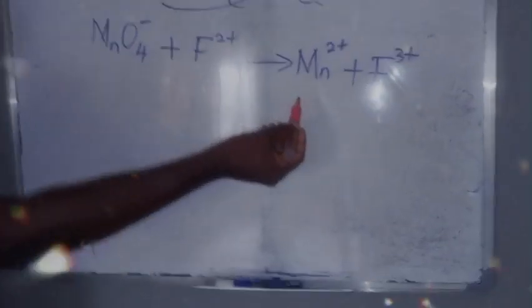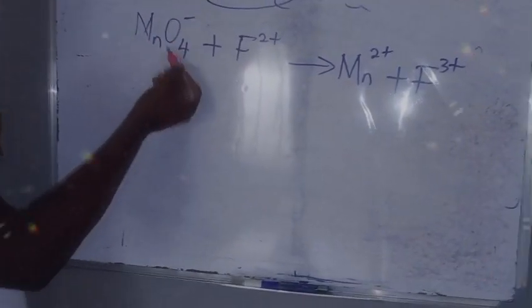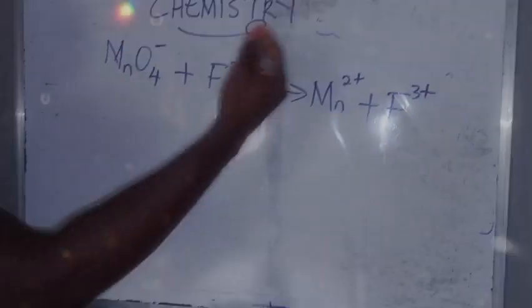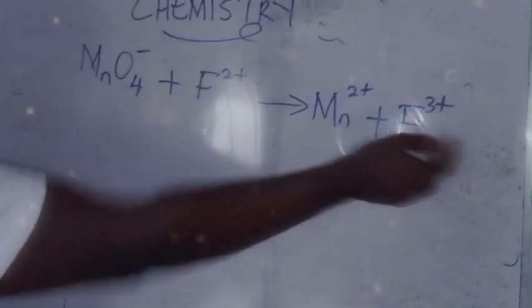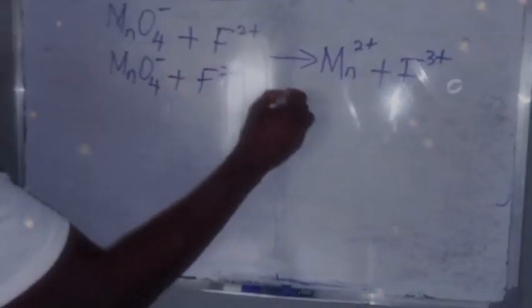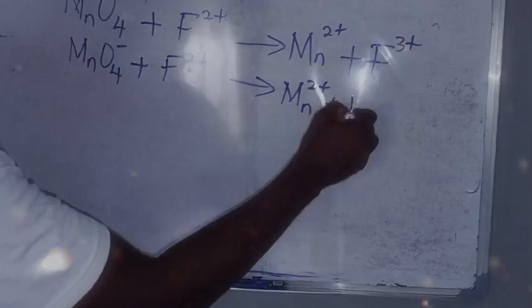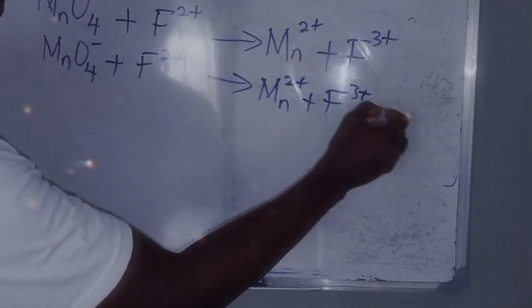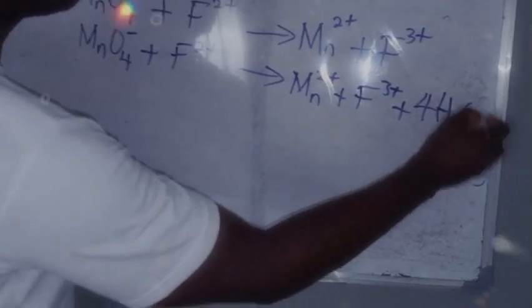If you look at this, oxygen 4 atoms here, no oxygen here. So you balance oxygen atoms by introducing water, equivalent moles of water. So 4 oxygen here, so I need to introduce 4 moles of water. So that means this will be MnO4 minus plus Fe2+, giving us this Mn2+ Fe3+, then plus 4 molecules of water.